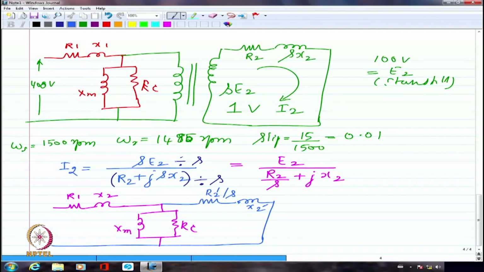Only what we have adjusted is the resistance value. And the second thing we have done is transport all the secondary side parameters to the primary side, taking care of the turns ratio, which is not very easy to decide. I agree, in a cage induction motor, unless we have all the design parameters.